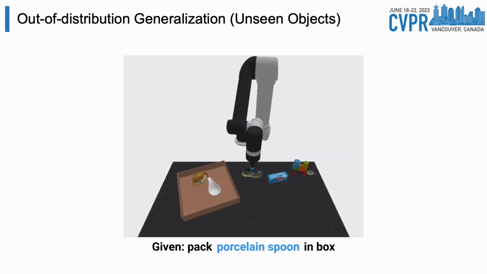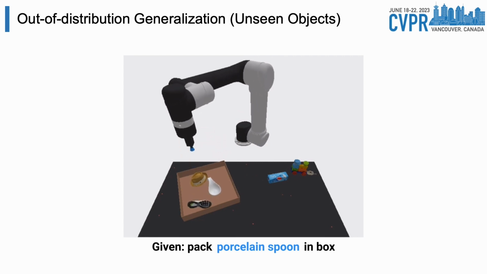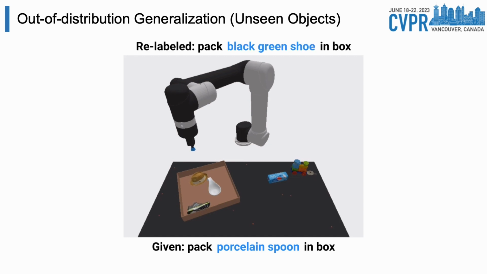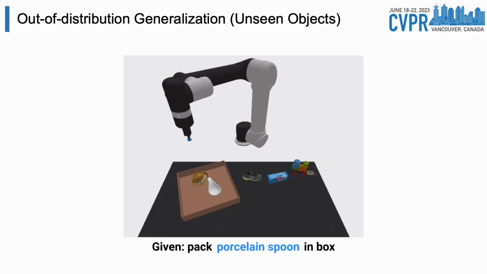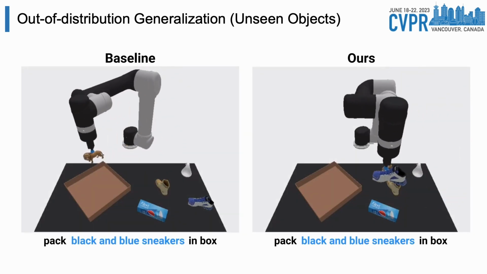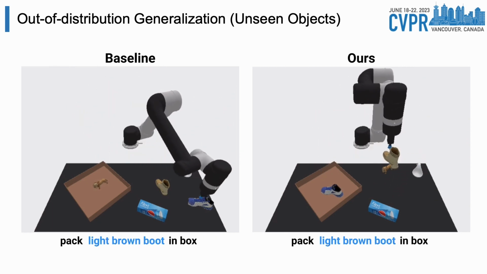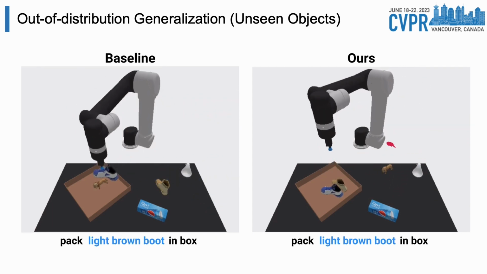The demonstration shows that given the instruction to pack the spoon, the robot picks up a shoe. And such a mistake can also be corrected by the pre-trained model. Compared with the baseline model, our model can accurately pick up objects unseen during training.